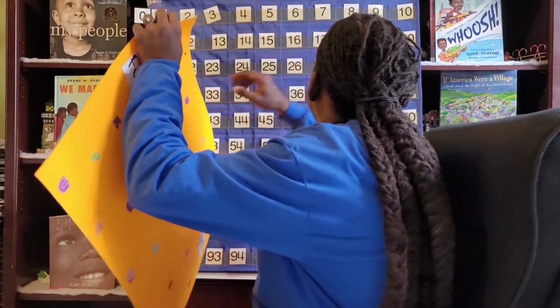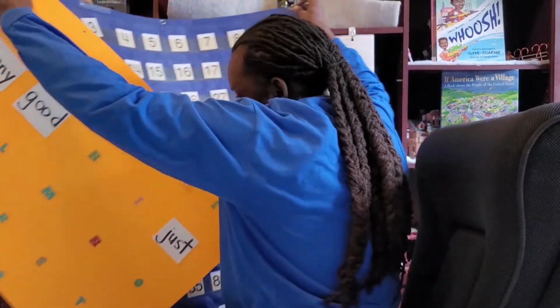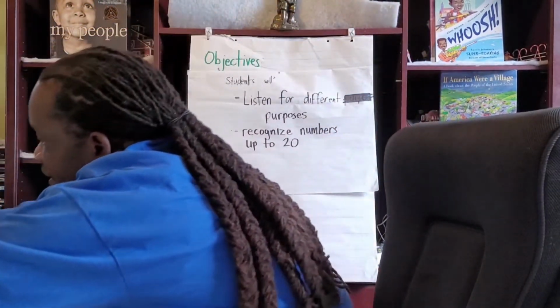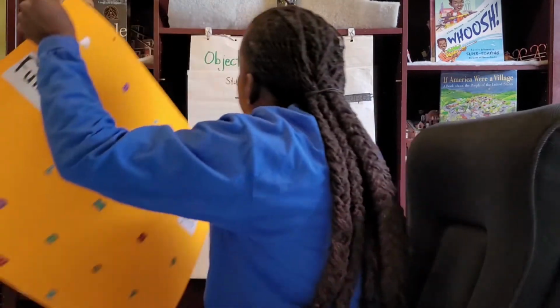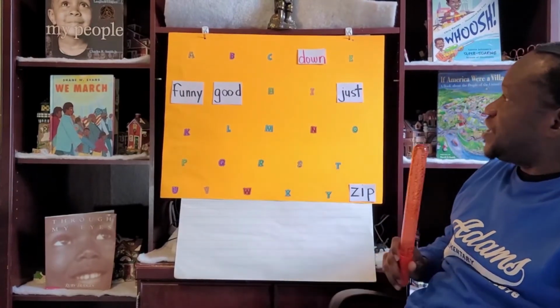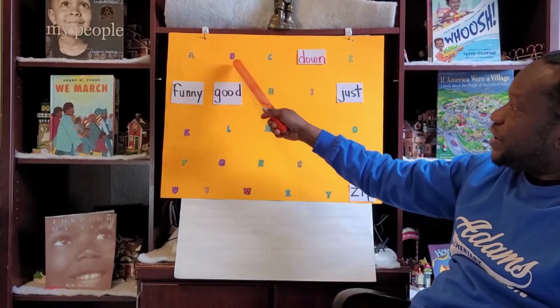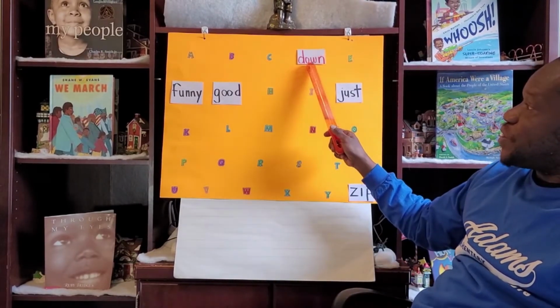Before we look at our new sight words, let's take my number chart down. Let's think about the words we've looked at so far, and let's just read these words. What's this word?